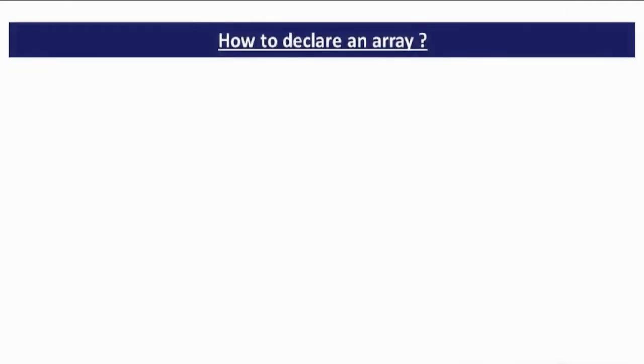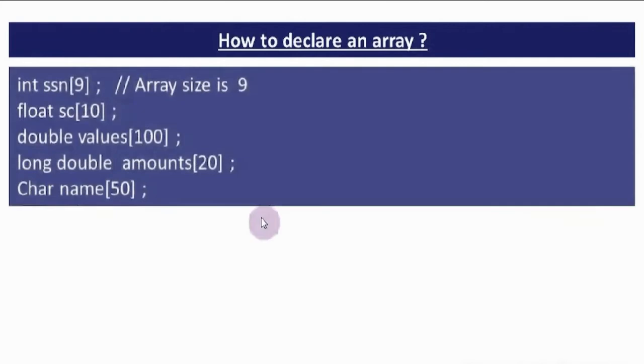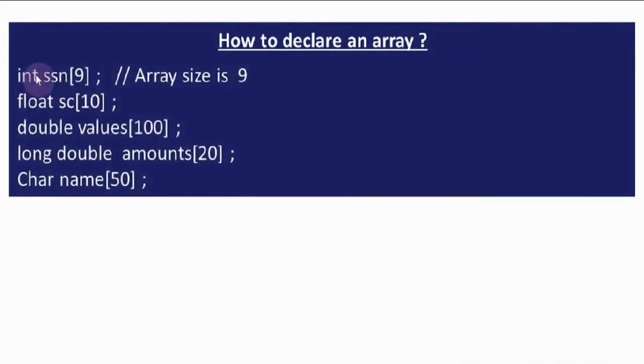Okay, now we will see how to declare an array. The syntax goes like this. First, we give the data type of the array, then the name of the array, and within square brackets, we mention the total number of elements that we want to have in this array. Technically this is called size. float SC[10] is another declaration for a different array.